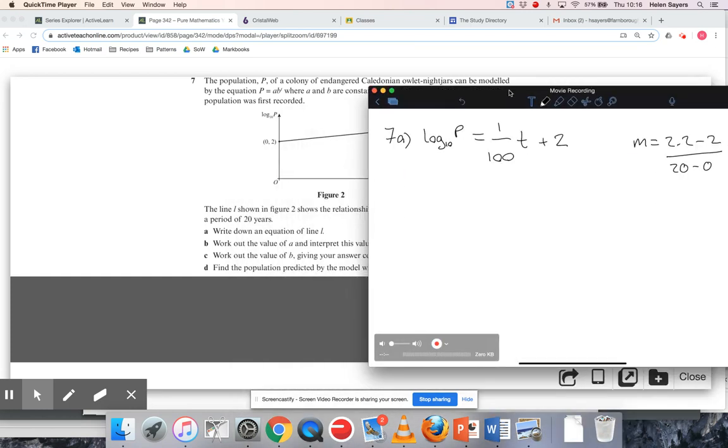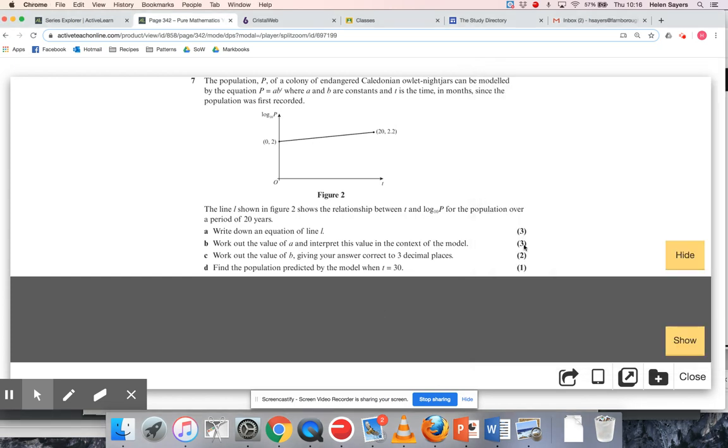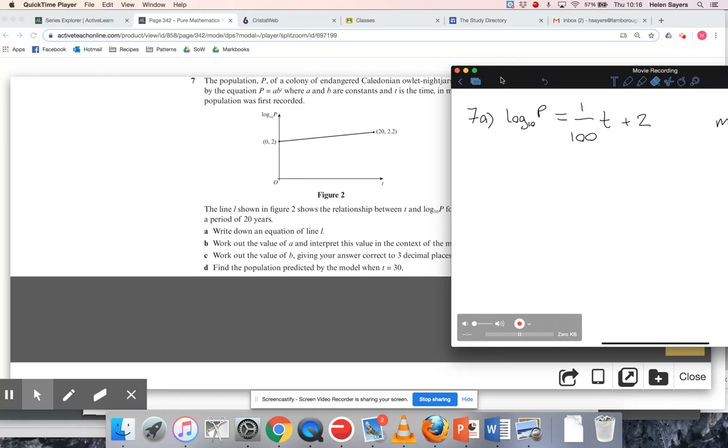Now, work out the value of a and interpret this value in the context of the model. We'll worry about interpreting it at the end, and this is worth 3 marks, so we're expecting to do a little bit of work.